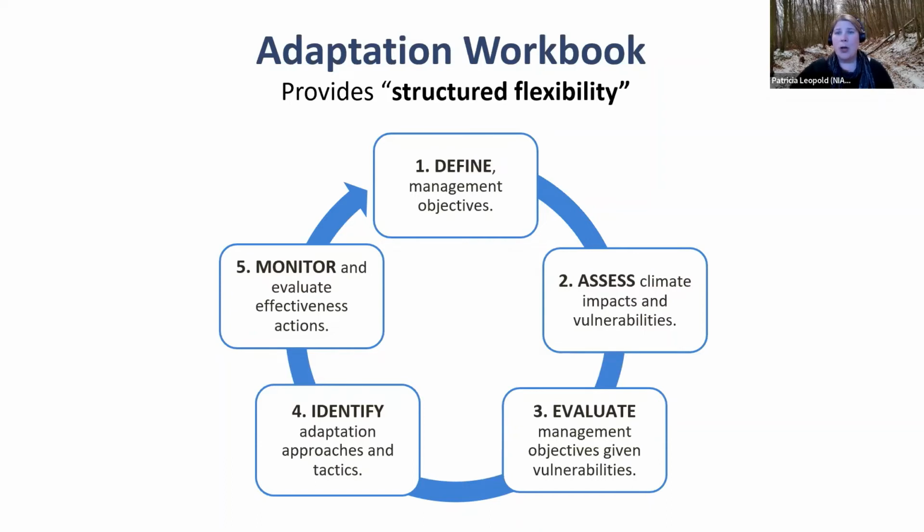In step 2, we're assessing the regional climate impacts and vulnerabilities, and then taking it a step farther to really think about how those impacts manifest in your particular site. In step 3, we evaluate our management objectives. Given those vulnerabilities, can we still move forward with those objectives, or do we need to go back to square one and maybe think about how to change those objectives so that they're easier to meet?